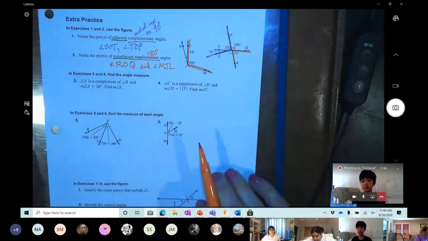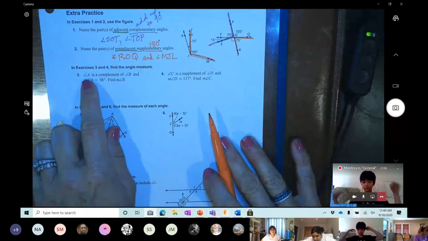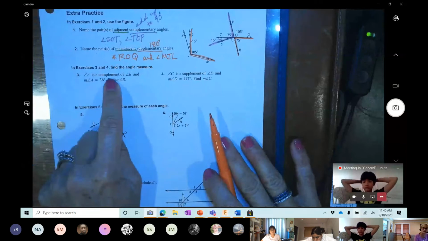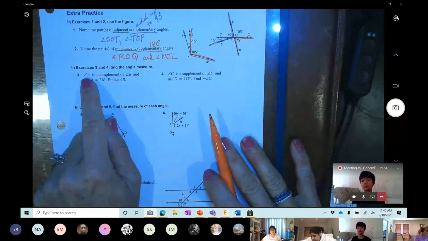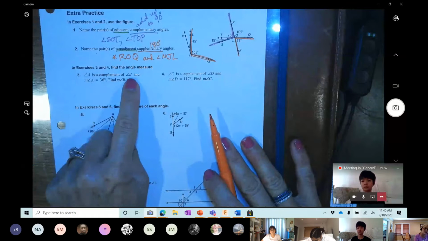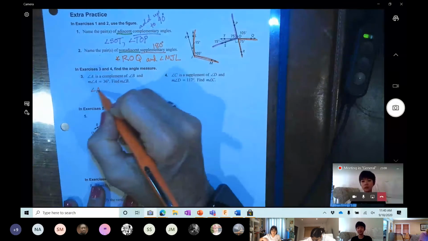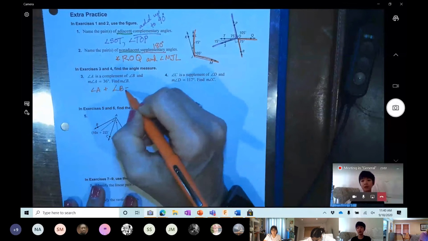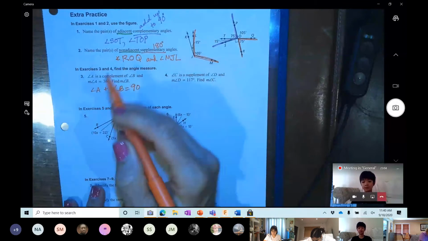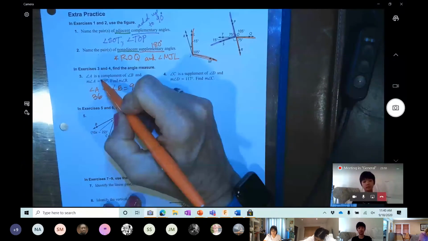Okay. So say number 3 tells me I have a complement. If two angles are complementary, then those two angles add up to 90. So if angle A plus angle B is 90, and I tell you this is 36, then you should be able to figure out angle B. That's complement.